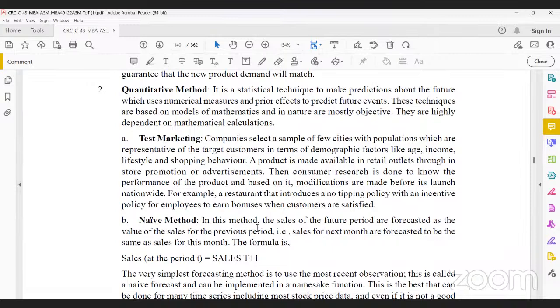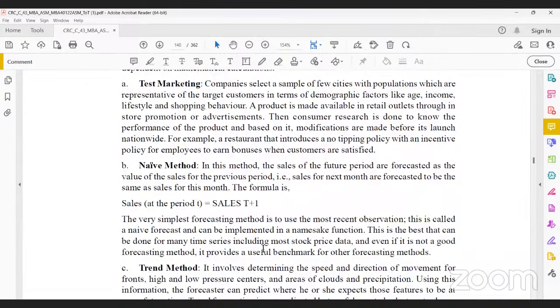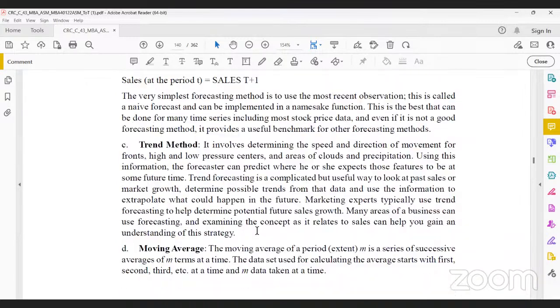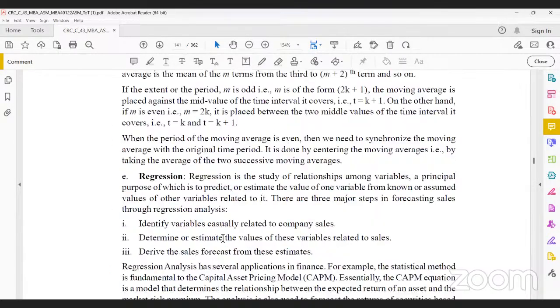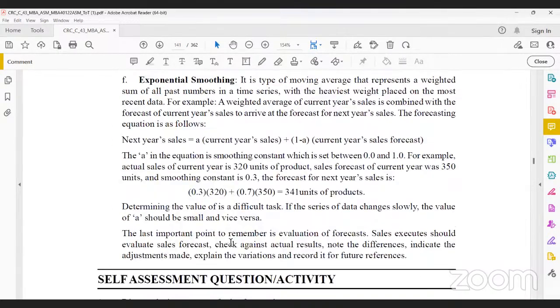In this method, the sales of a future period are forecasted as the value of sales for the previous period. Last year's to this year's, last month's to this month's. They also use trend analysis, the trend method, moving average, regression analysis, and exponential smoothing. Based on these techniques, companies or organizations are forecasting sales.